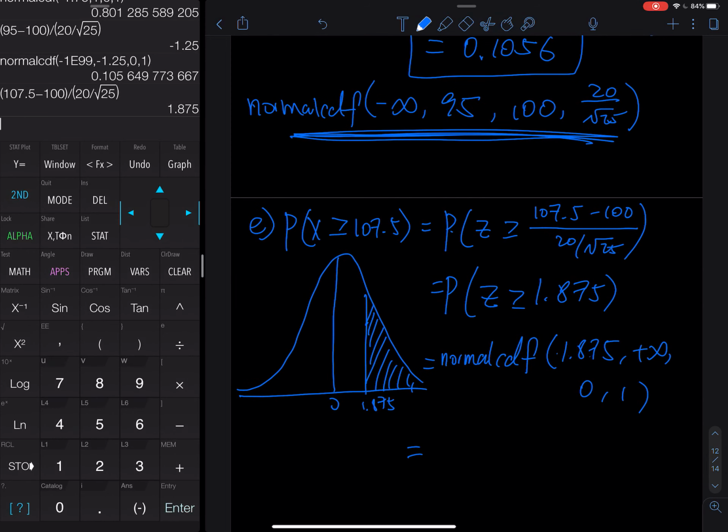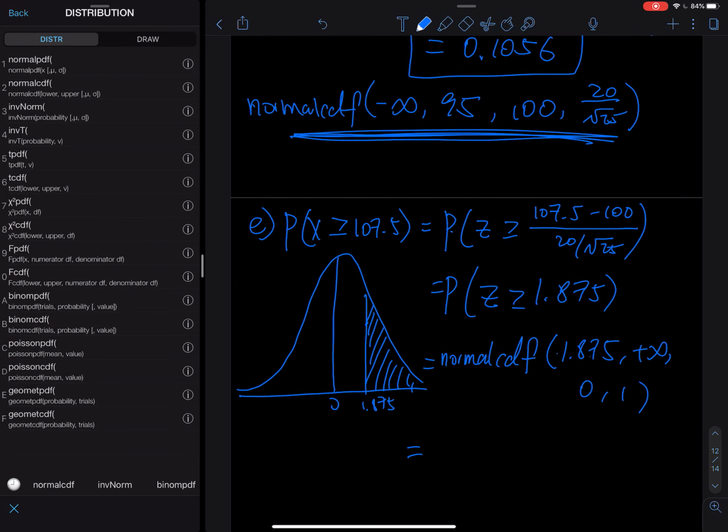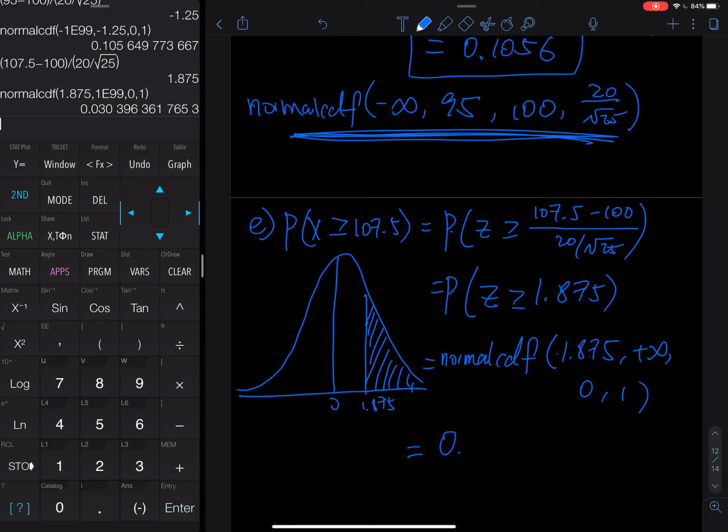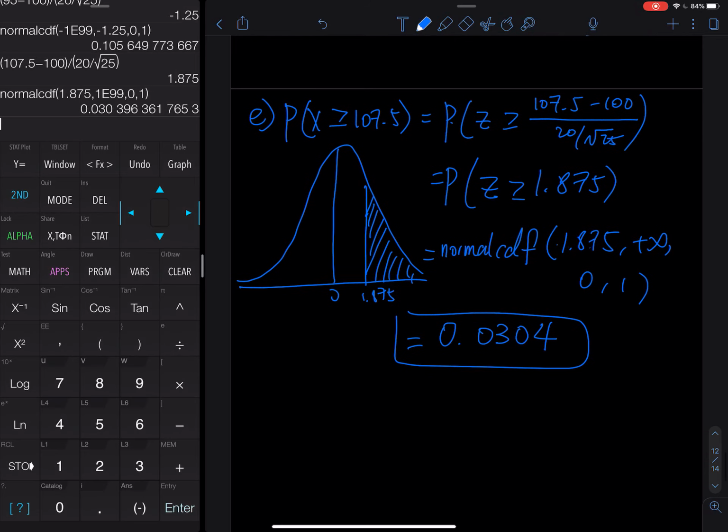So we have second verse, normal CDF, 1.875 to positive infinity, 0, 1. So this is 0.0304. Yep.